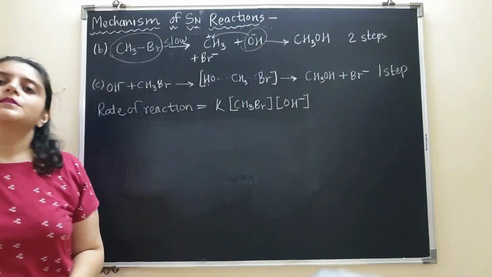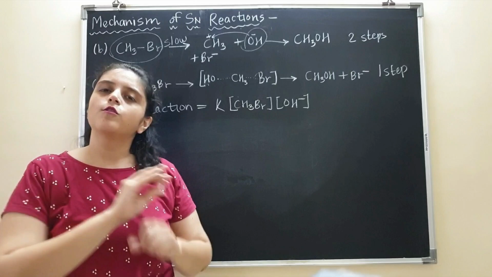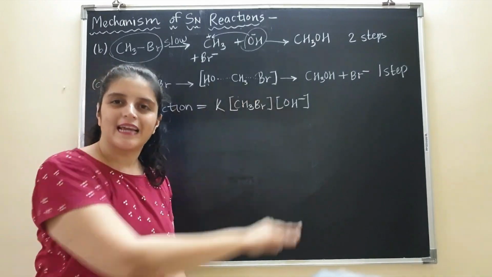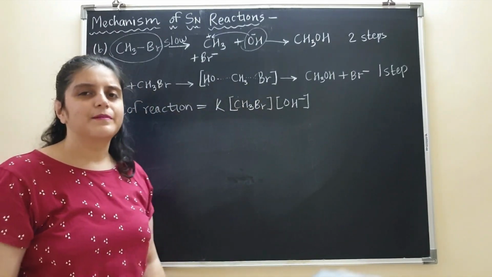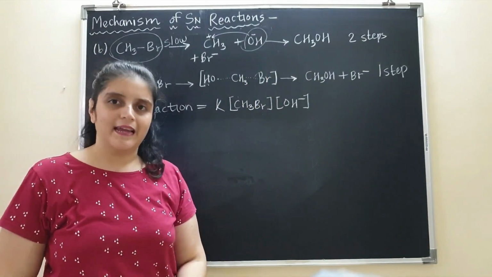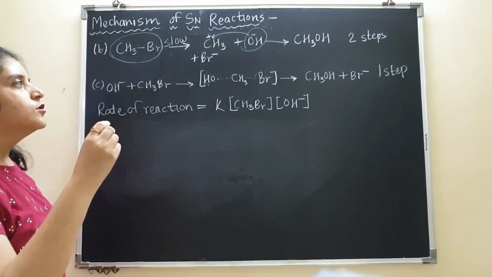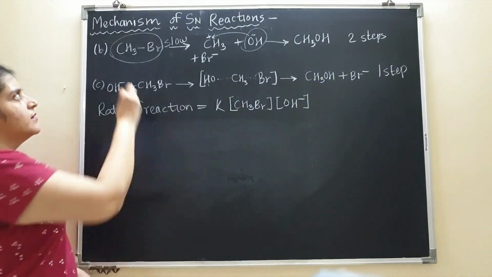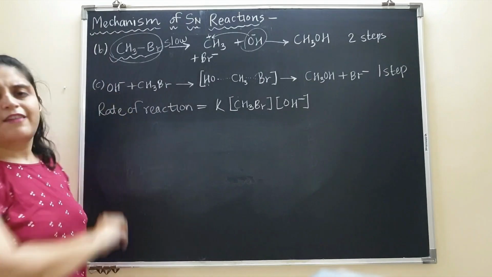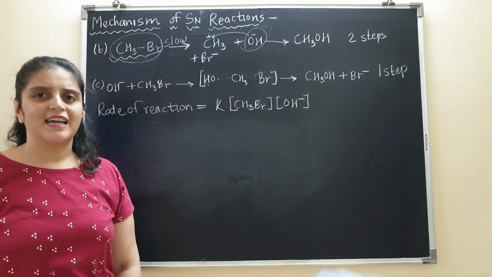OH minus comes in the second step. So OH minus का concentration कितना भी हो, कुछ फर्क ही नहीं पड़ना चाहिए, because वो second step पे है और second step के ऊपर रिएक्शन का स्पीड डिपेंड ही नहीं करता है अगर ये पहले वाले स्टेप से होता है तो. सो अपने रेट इक्वेशन में सिर्फ एक ही रिएक्टेंट आना चाहिए था, CH3Br ही आना चाहिए था.